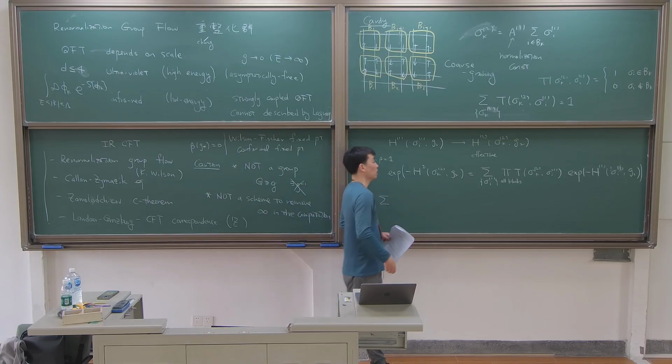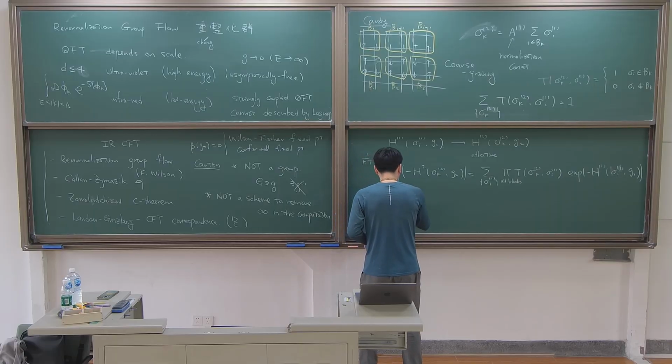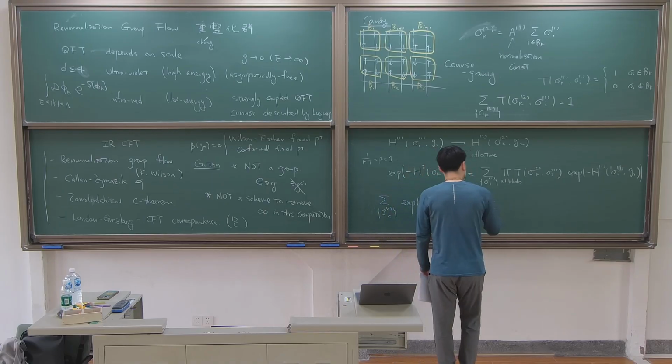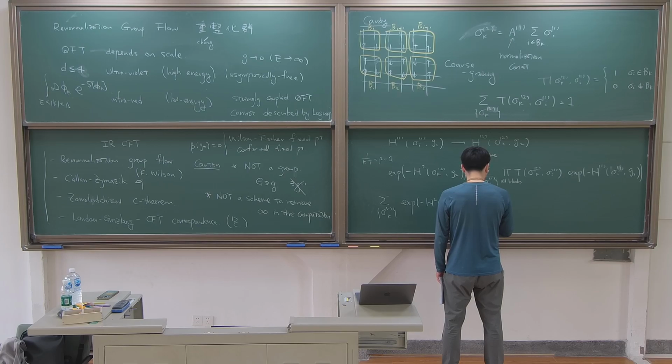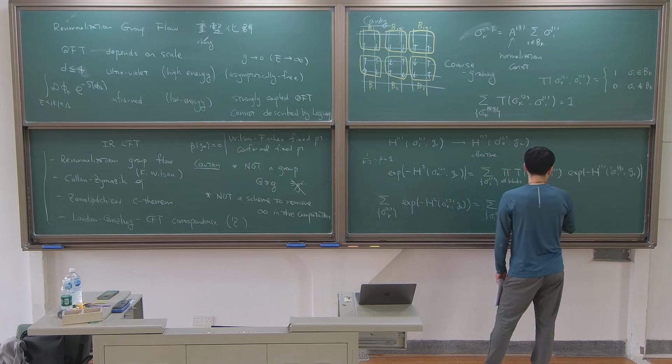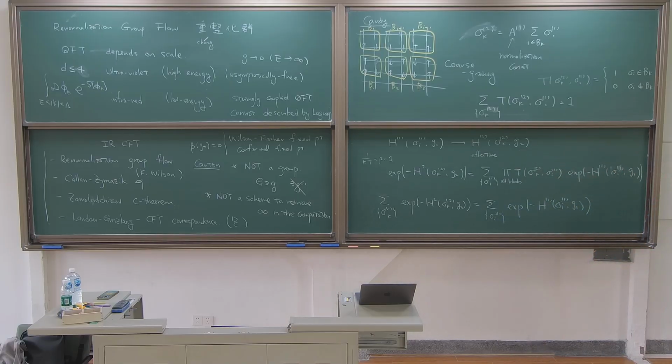If you sum over all possible configurations of the coarse grain spin, exponential of minus h2 of sigma 2 with g2, is the sum over, because of this condition, sigma i of 1 and exponential of minus h1 of sigma 1 with g1.